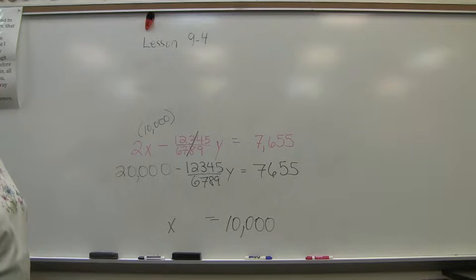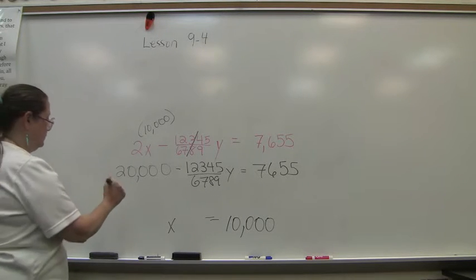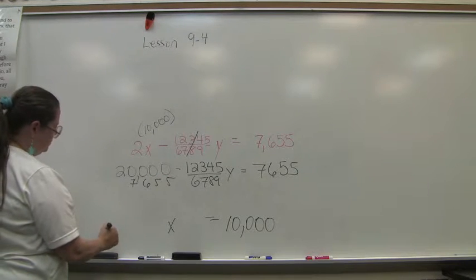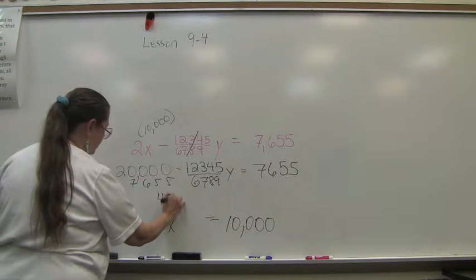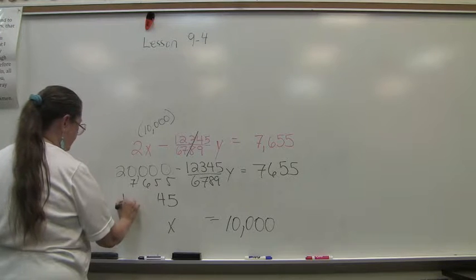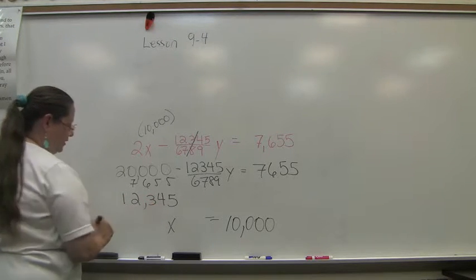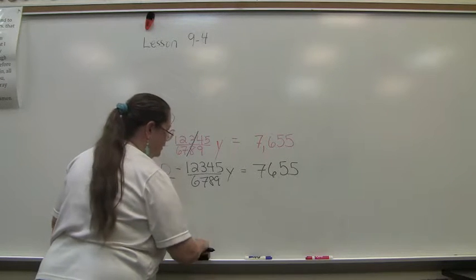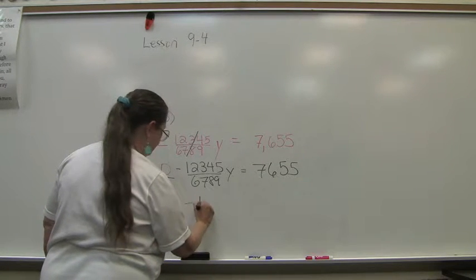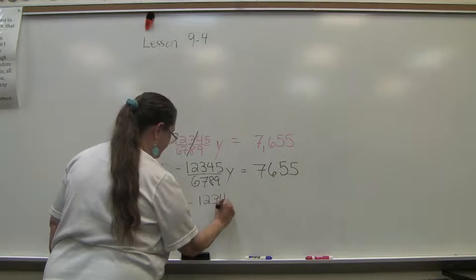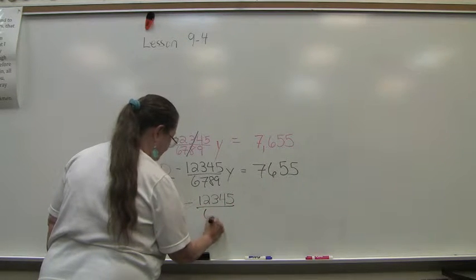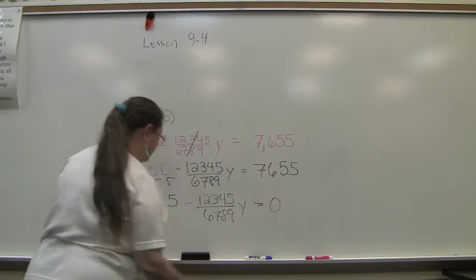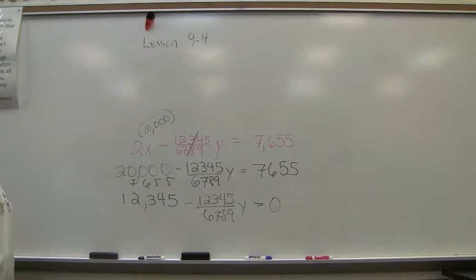Now, let's see. I'm going to subtract 7655 from both sides. And that's going to give me what over here? 4, 5. It's going to give me that over here. Okay, that's what I have so far.